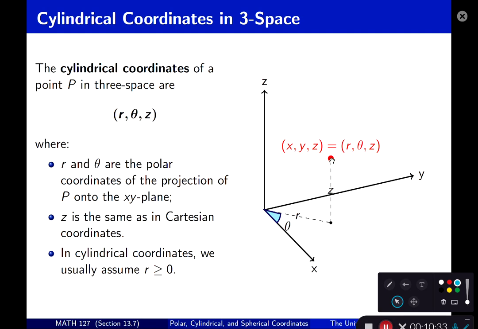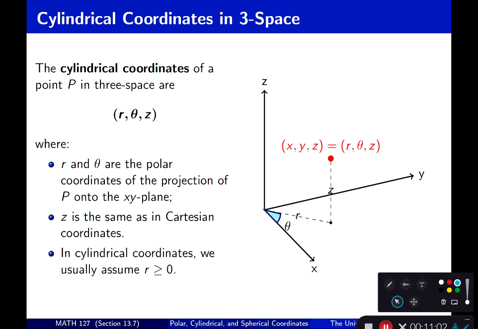Then you basically drop a perpendicular from the point P onto the xy plane, and find the polar coordinates for that point on the xy plane. That would make r and theta. So r and theta are the polar coordinates of the projection of P onto the xy plane.